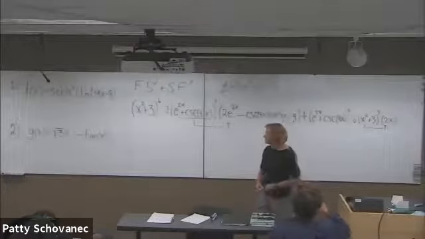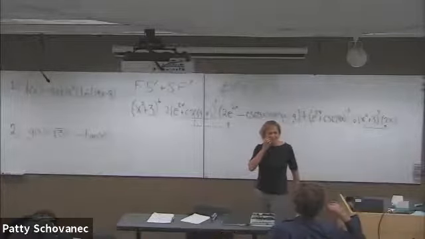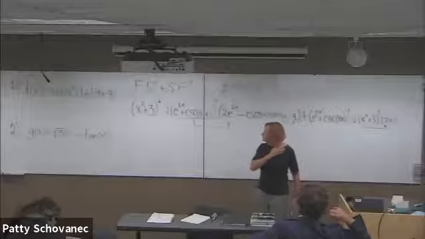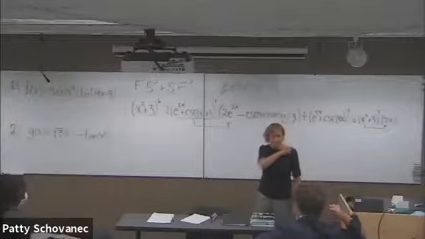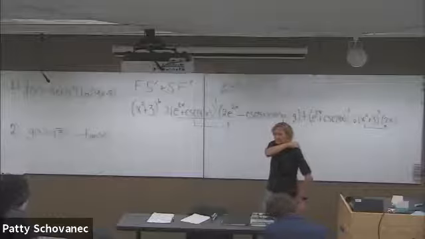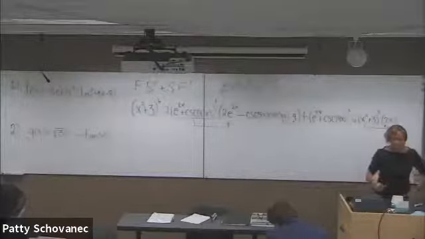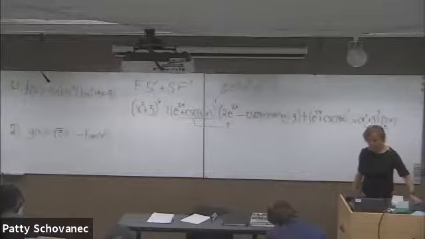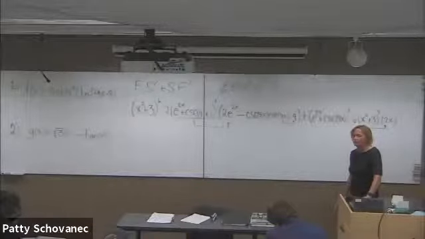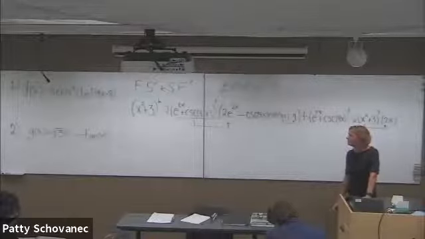Don't simplify. Don't simplify. Derivative of tangent is secant squared. Yes. The derivative of tangent of u is secant squared of u. So don't simplify unless you're feeling bold and brave.